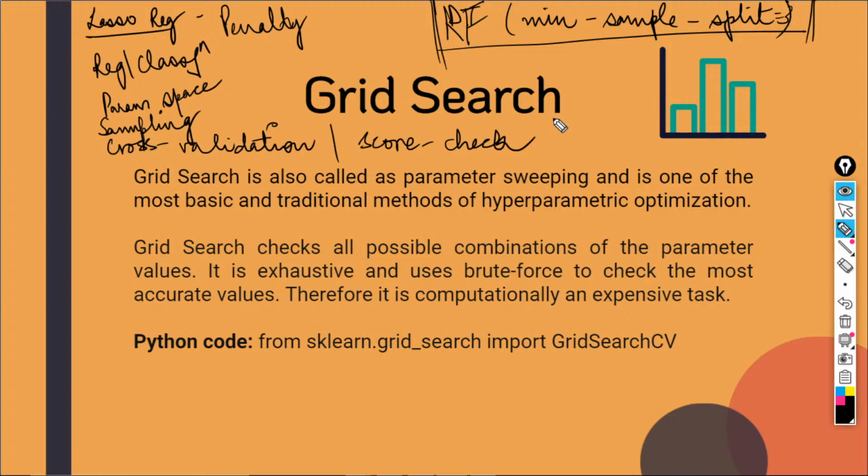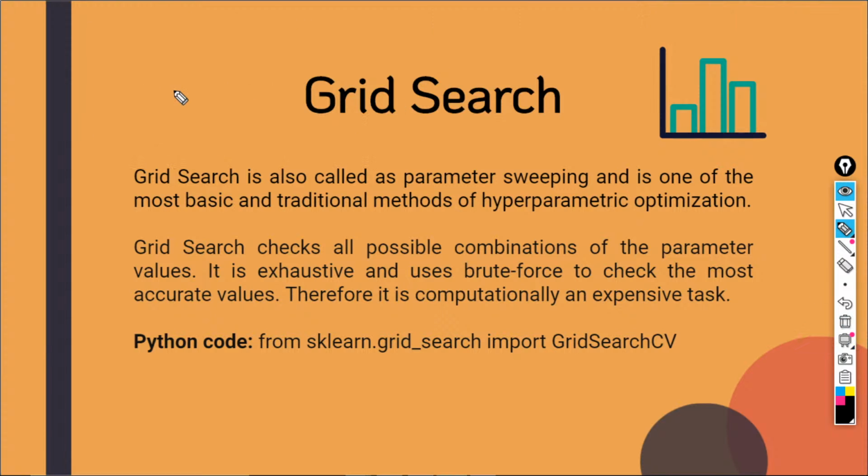Now, going forward, how does GridSearchCV work, or what does it look like? Let's talk a bit about GridSearchCV in specific. As I said, GridSearchCV is not used each and every time. Why is that?